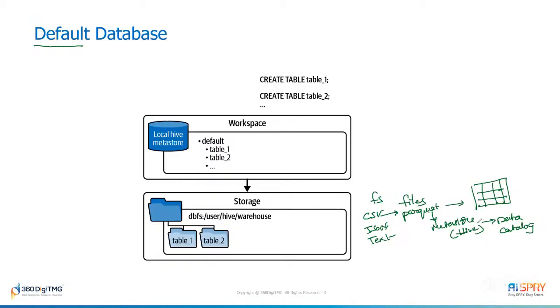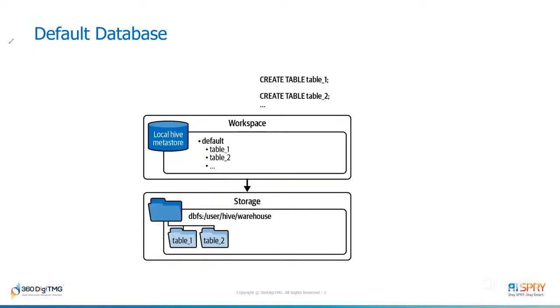Using that, you can create your tables in some space called the default database. You can see the Hive Metastore already has this workspace. It's nothing but a workspace. You can directly create tables here. And in the underlying storage, which is the file system, your tables will be saved. So that is one way you can create tables.